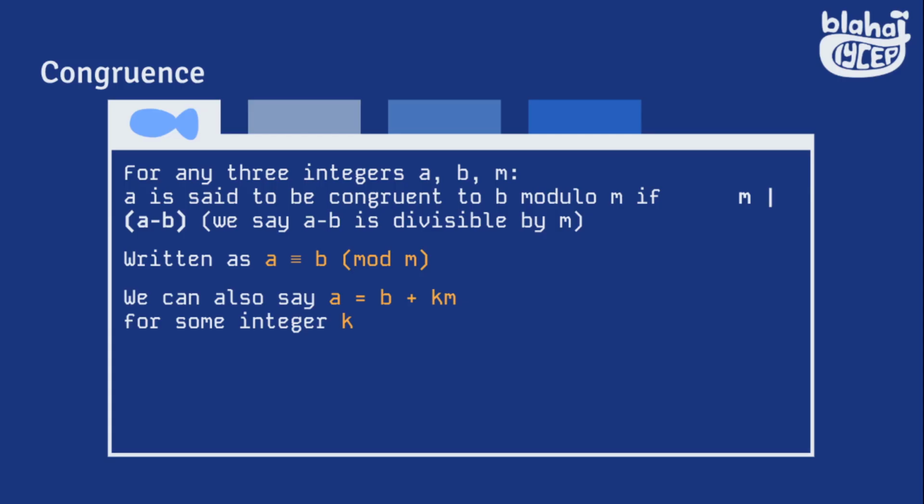Alright. So now, when we have two numbers that are congruent, let's just use 8 and 2 again. We can say that 8 is equal to 2 plus k times 3, where k is some integer.